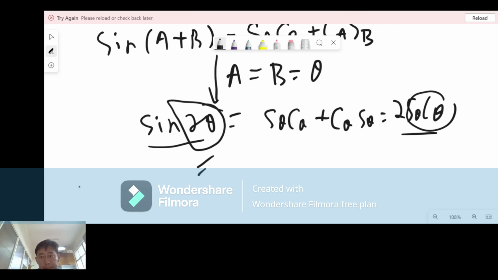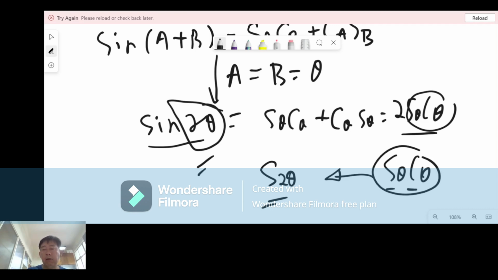So if you have an expression that involves sine theta or cos theta, this is a product of two trigonometric functions. Effectively, this identity allows you to express the product of two different trigonometric functions into a single trigonometric function of 2 theta. So the left hand side is a much simpler function than the product of sine and cos.